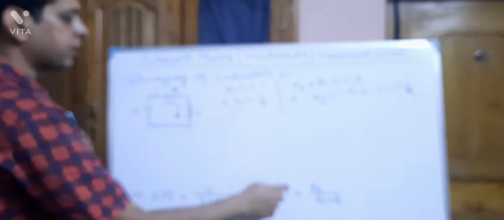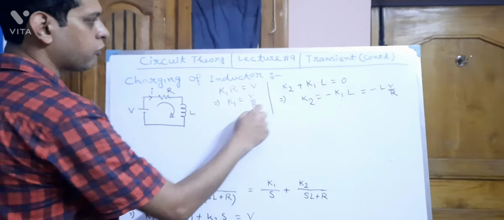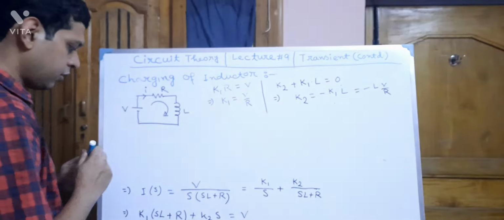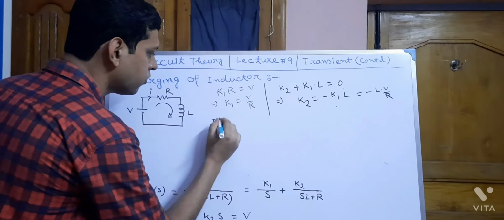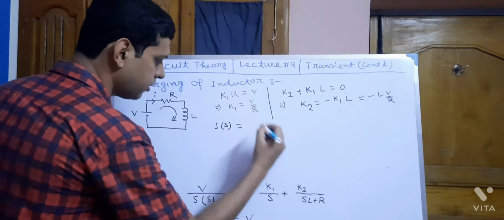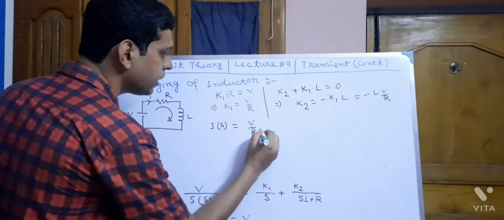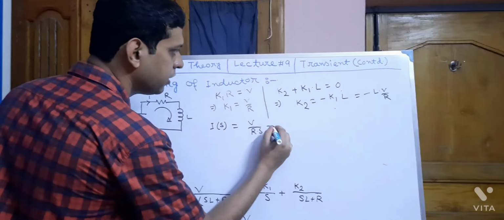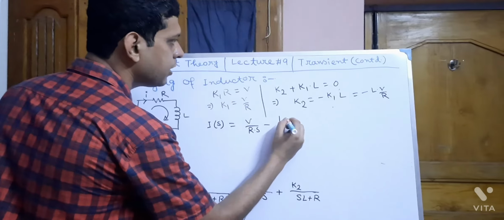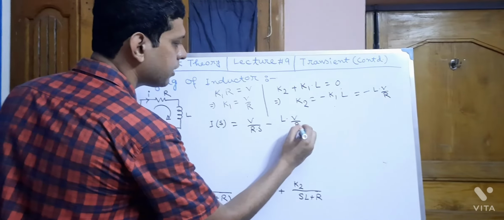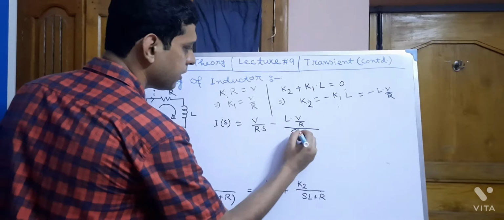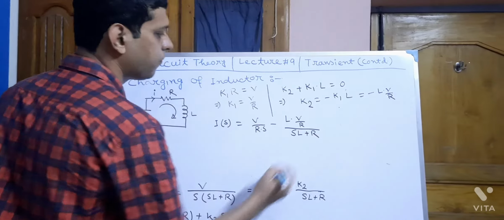Let us replace the constants in these two equations. So I(s) equal to V by R into 1 by S plus K2, equal to minus L into V by R, by (SL plus R).